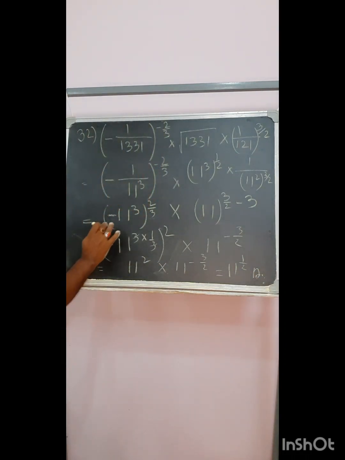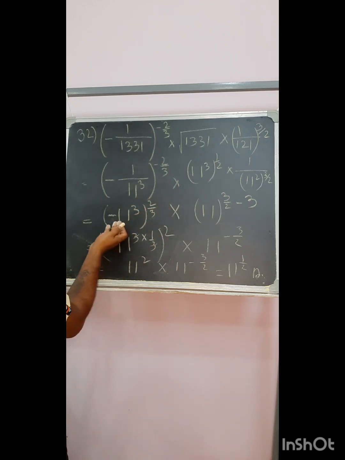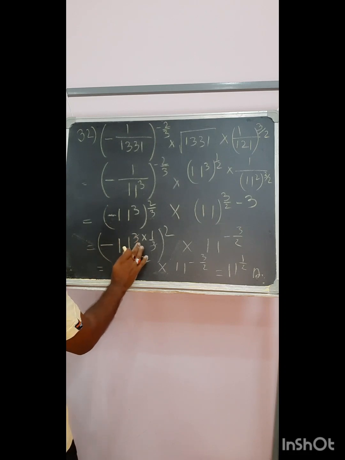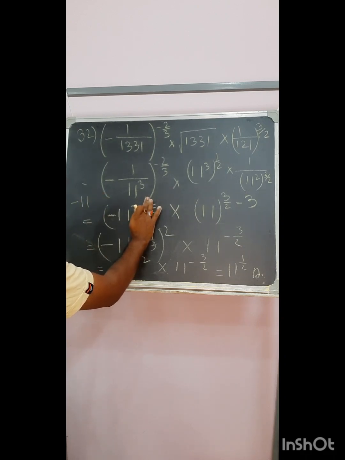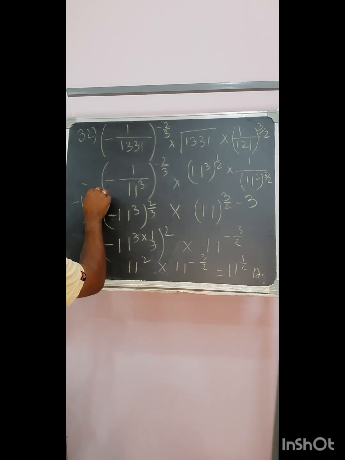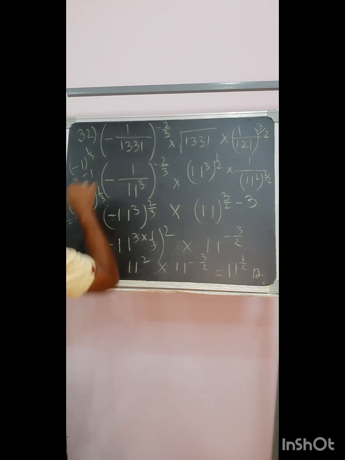Understood? This part is a bit tricky. If you take the indices of this 1/3, the cube root of this one, it will give you minus 11 itself. Minus 11 cube root will give you minus 11 as an answer, same as minus 1 to the power cube will give you minus 1.